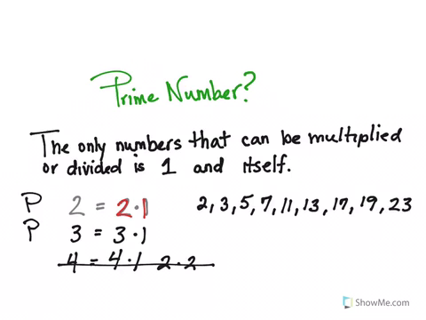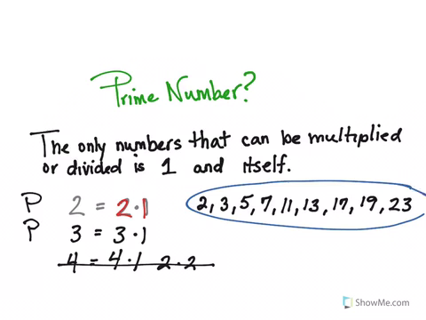So guys, these are all prime numbers. Nothing else can multiply or divide into these numbers besides the number 1 and their own number. So only the number 13 fits inside of 13. Only the number 19 fits inside of 19. Now, besides the number 1, of course. 1 fits inside of everything when we're talking about whole numbers.